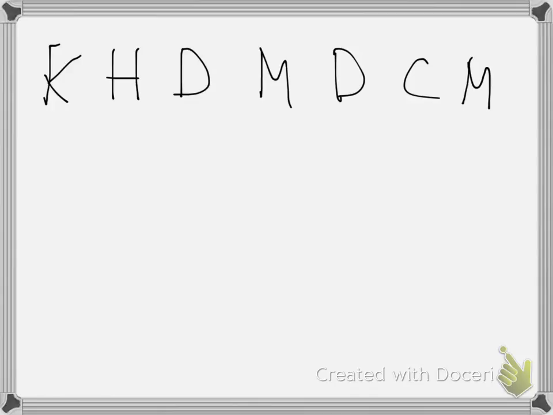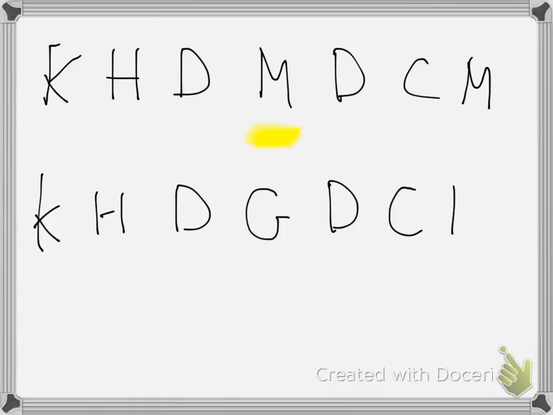Now, I want to focus on something here. I said to you, sometimes you hear the rhyme said like this: King Henry died a grisly death called measles. So sometimes, instead of using M, we use G in the middle.